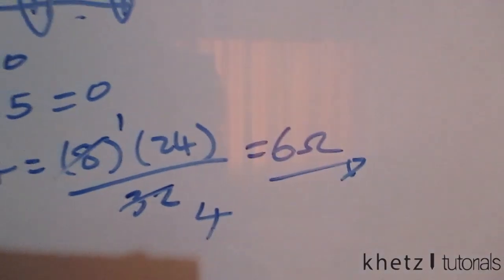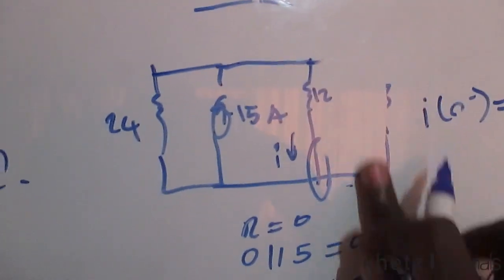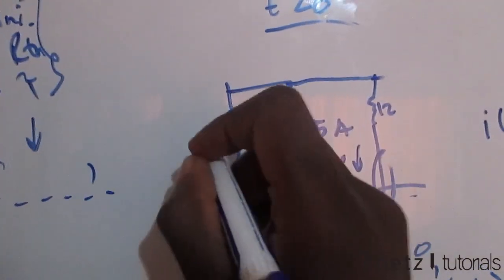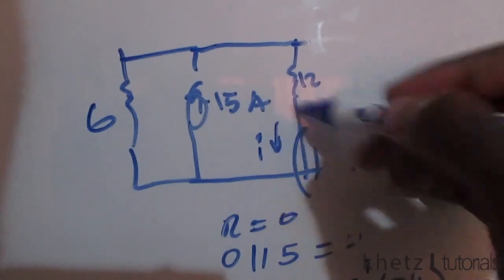So this is our answer for the parallel combination of these two. We can collapse that and put 6 here as the result of 24 and 8 in parallel.